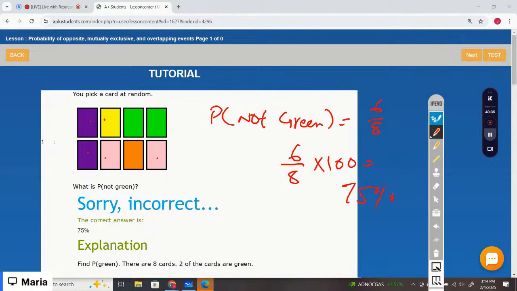That means 75% is the probability of not green. Let's just start with the test questions.